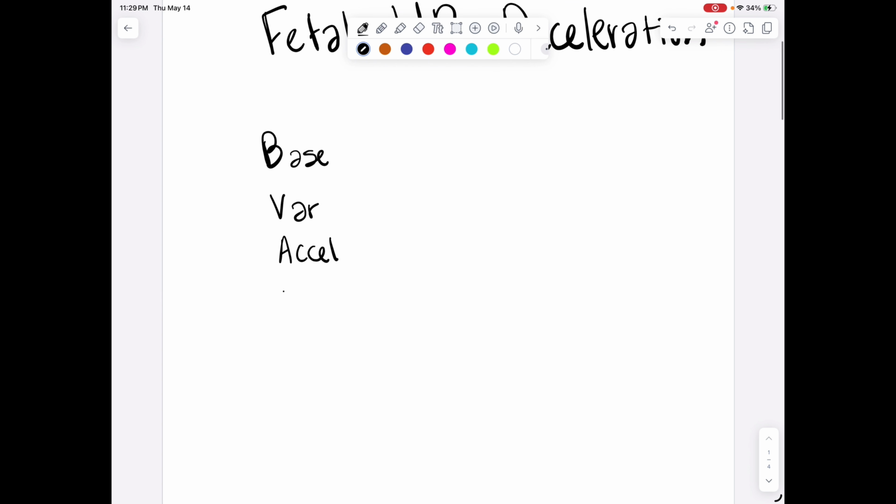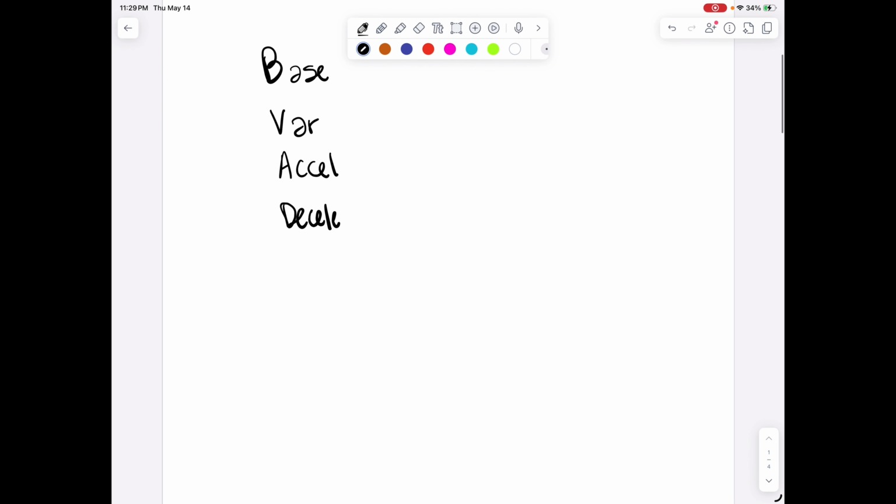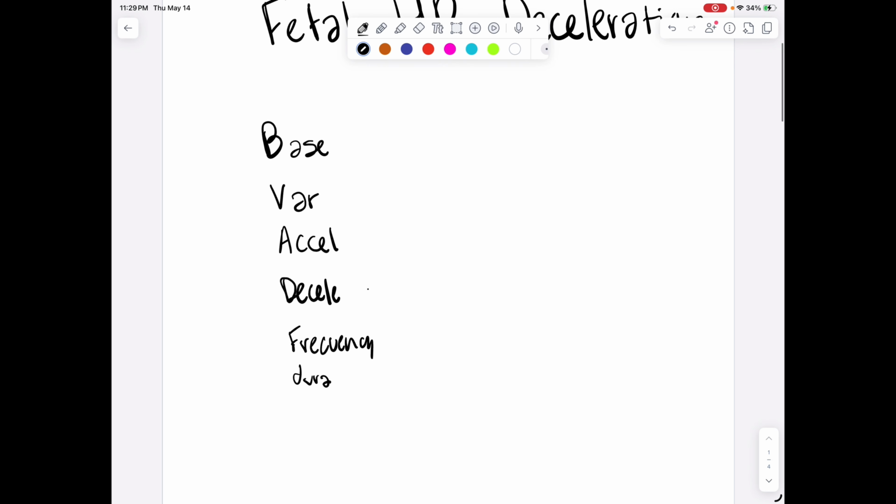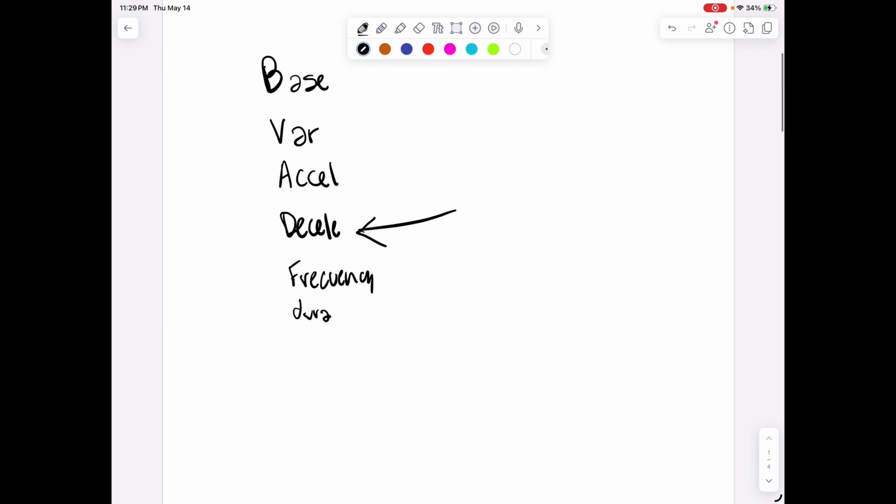And then you're going to check the decelerations. And you're going to check the frequency of the contractions. And then the durations. So we're going to dive into the decelerations today.